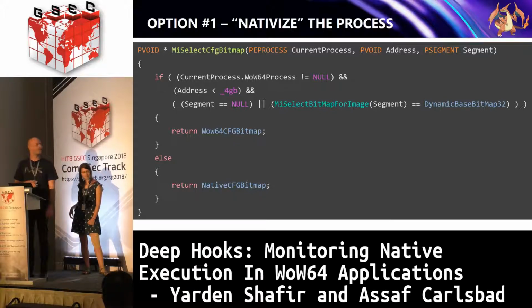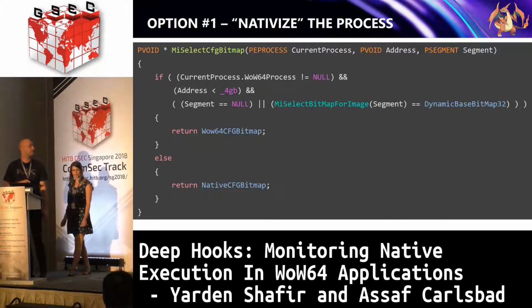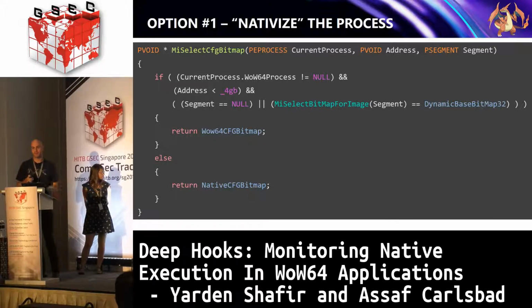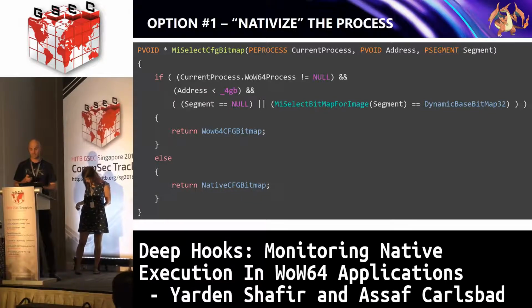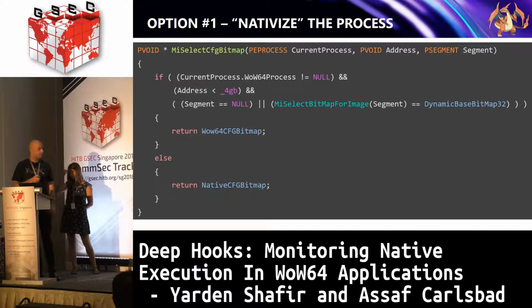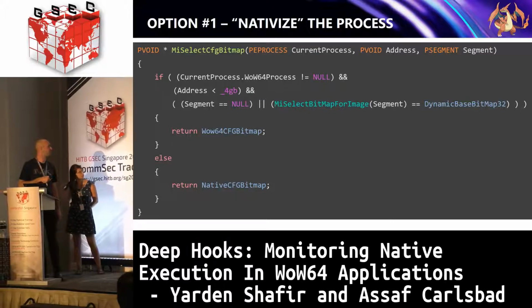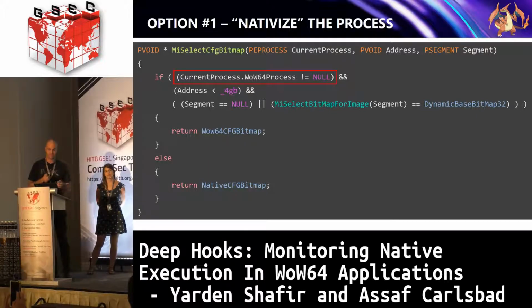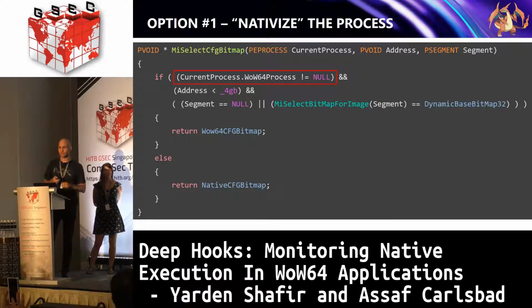Okay, so at this point, we took another closer look at MiSelectCfgBitmap and realized that if we want our adapter thunk to be marked as a valid call target in the native CFG bitmap, we have to make this large if statement evaluate to false. So we first decided to tackle the first subcondition because it seemed like the easiest one to manipulate.